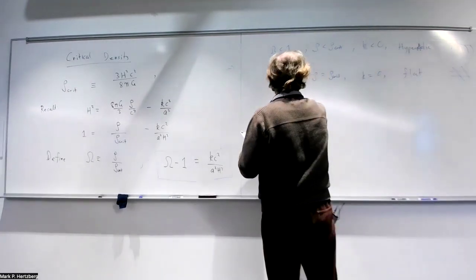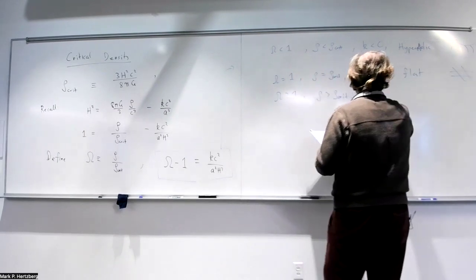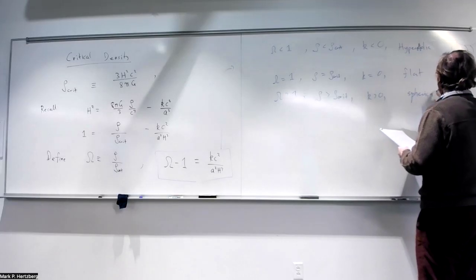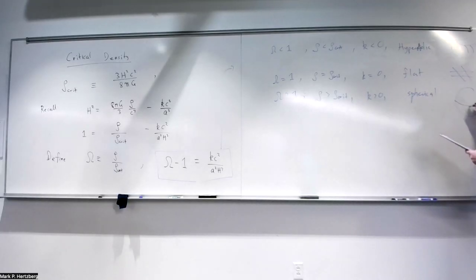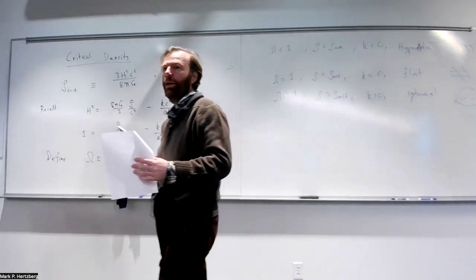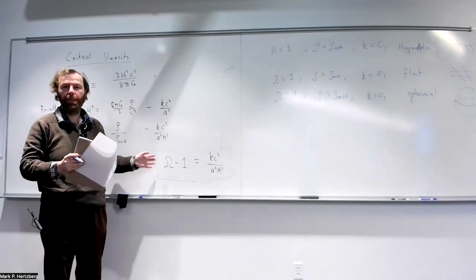And then omega greater than 1 is where we're greater than the critical density, positive curvature, which means spherical. Okay. So that's fine. Any questions about this?